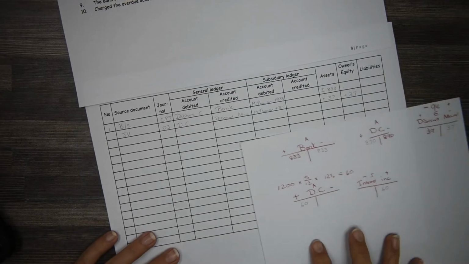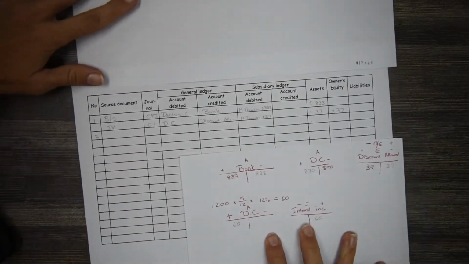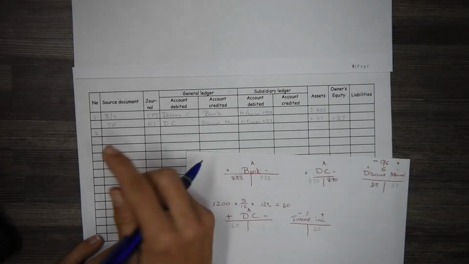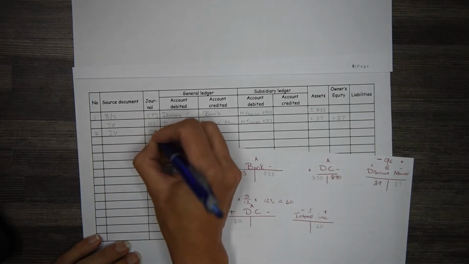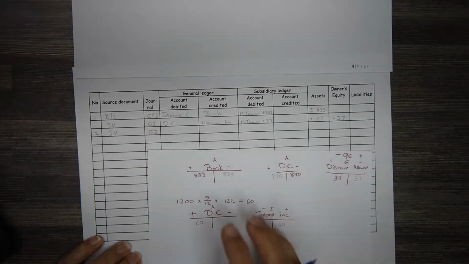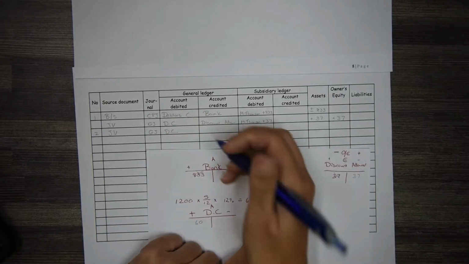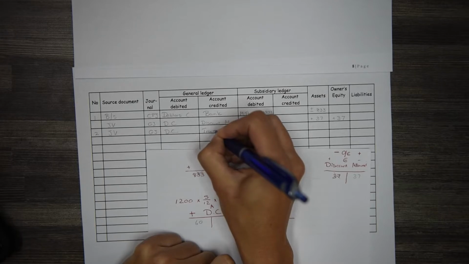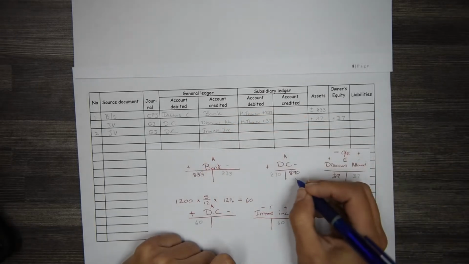All right, so in our source document format, the source document would be a journal voucher because it appears in the general journal. I debit debtors control. I'm crediting interest income or interest on overdue debtors.